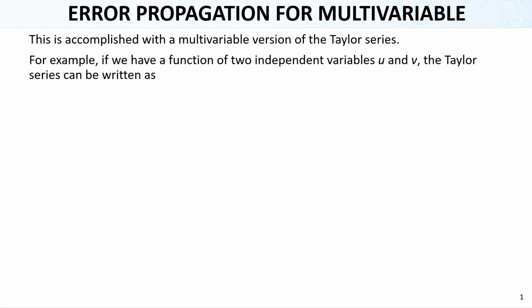In this scenario, for u and v, let's say f(u_{i+1}, v_{i+1}) is equivalent to... Now we try to predict i+1 with the current, or i, values of u and v, plus the derivative. But in this case, because we have two independent variables, we will have partial derivatives.